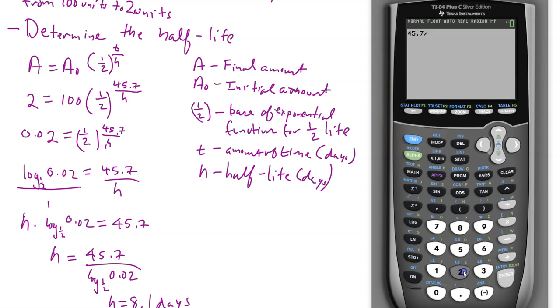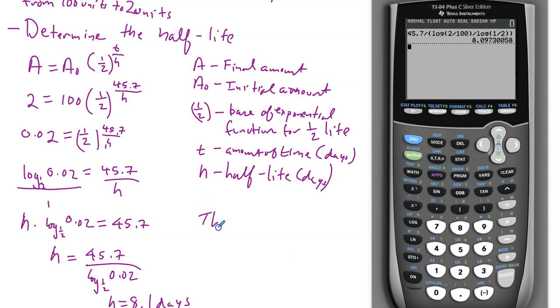And I could work it out, 0.5, and I can just write it as this. And you notice that I want to divide by this when it's worked out. So I've got this divided by this, one more bracket. So the entire denominator is enclosed in a bracket, so it'll do this first. And then divide that, and we'll get our 8.1 days.